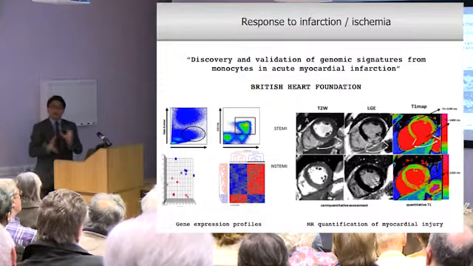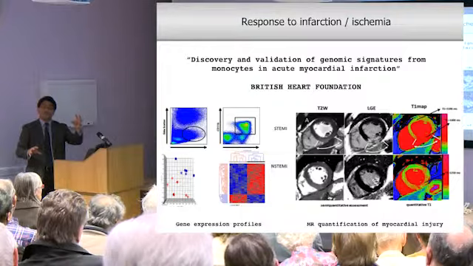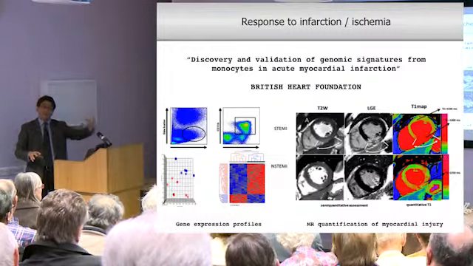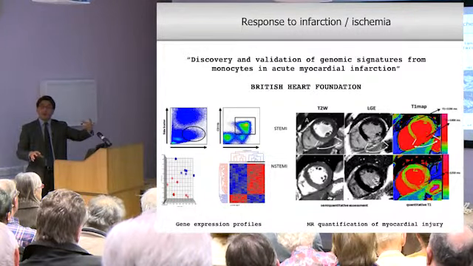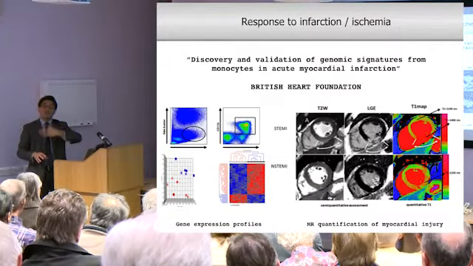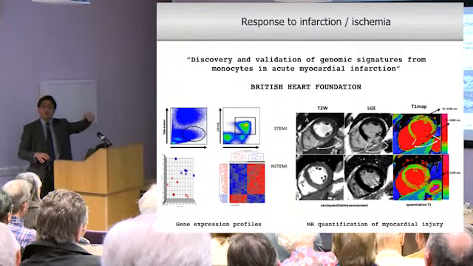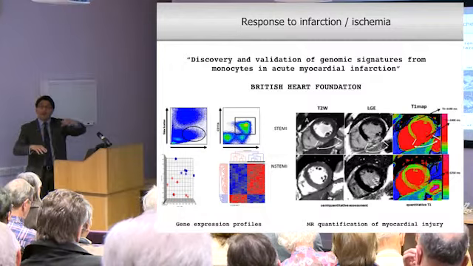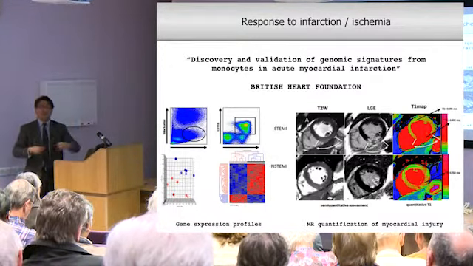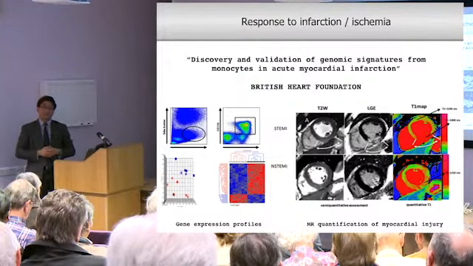And modern techniques in genomics and genetics allow us to extract those cells from the blood even before they get to the site of injury, to take out some of the genetic material called RNA, and to look in quantitative fashion at the expression level of tens of thousands of genes, perhaps 20,000 genes at a time, and to look at how they're modulated up and down, and to look at patterns of expression of genes to see which pathways, inflammation pathways, resolution pathways, are changed in the context of infarction.